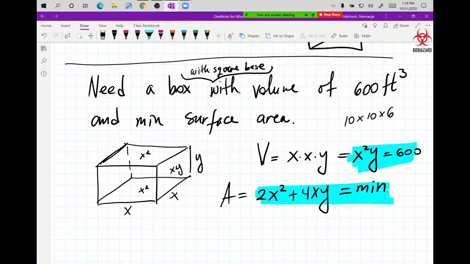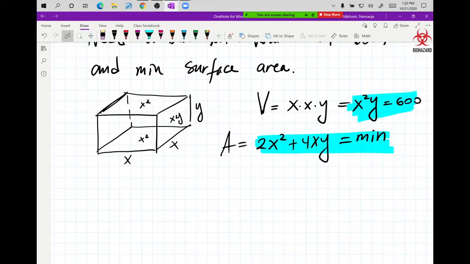So you can make the numbers up, but they are not optimizing the minimum surface area. You can go ahead and say, okay, 25 times 4 times 6. That's 100 times 6, right? So here's the box, 25 feet long. Good luck with that. A 25 feet long box times 4 feet and then 6 feet high. It fits, right?